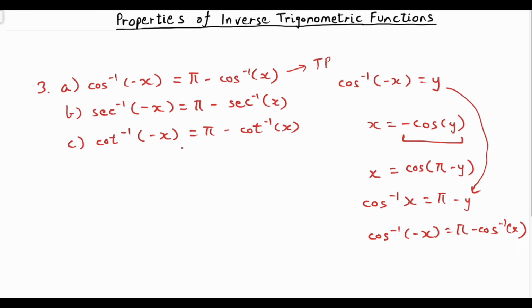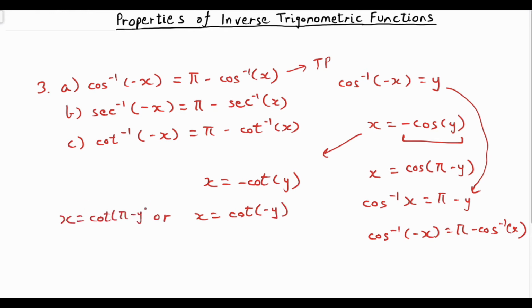But for cot, it is also an odd function. So when you get to this step, x equals minus cot y, you have two options. You can write it as x equals cot of minus y or x equals cot of pi minus y. But since cot inverse is defined from the set of real numbers to 0 to pi, we must use the second option.